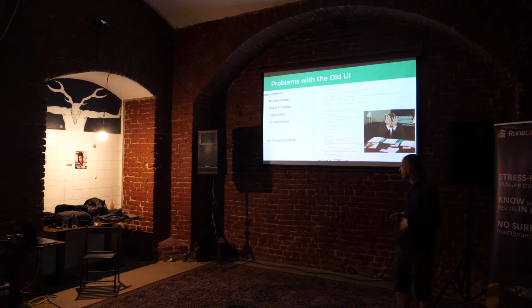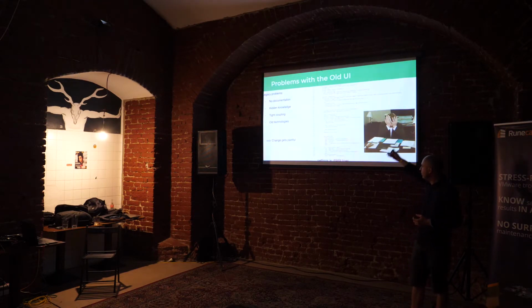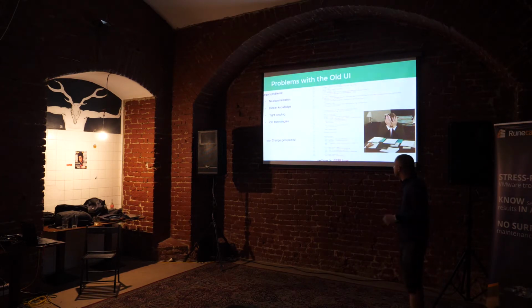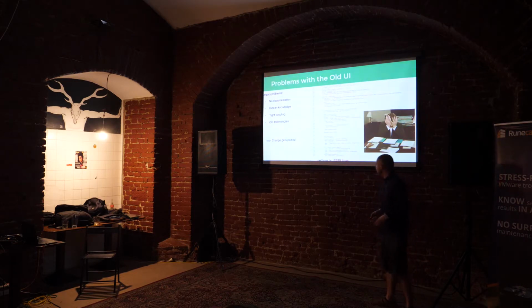So that's not good. And that leads to the change being painful, and that also leads to us only having old technologies, and updates and stuff are hard. So that's why there's a kind of motivation now to get to something else, right? And here you also see it. It's a lot of lines of code.